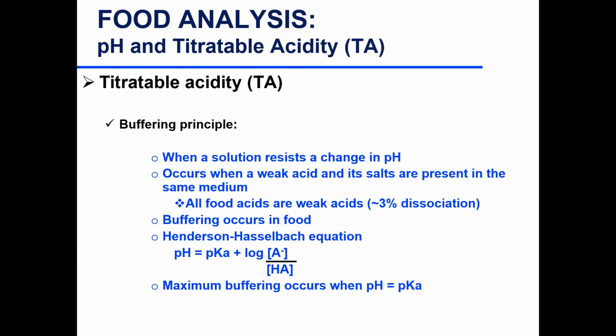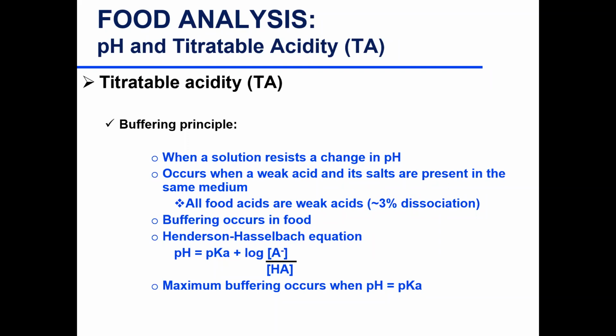Because these organic acids are weak acids, they buffer, because you have their weak acid form and then the salt, which is the conjugate base form, at the same time. So the weak acid, when you titrate with base, is going to give you a proton.